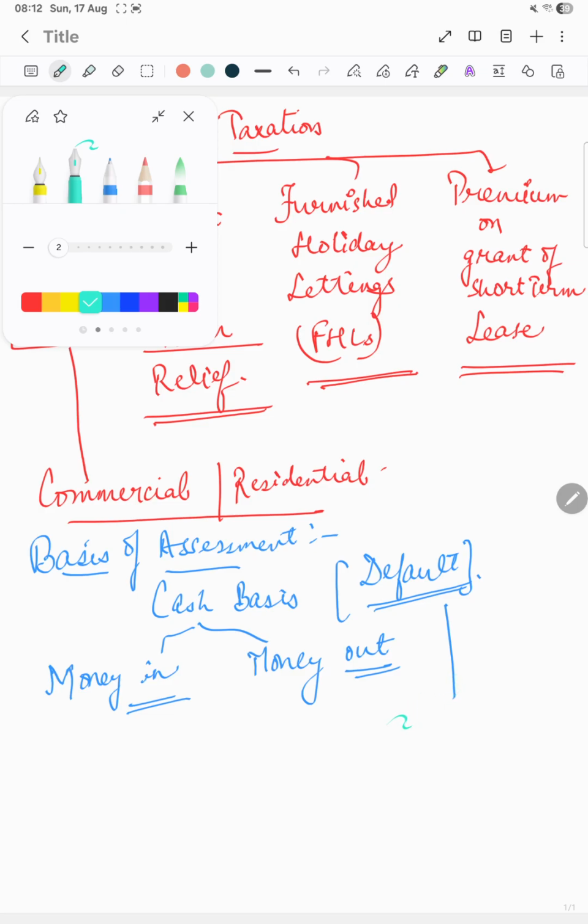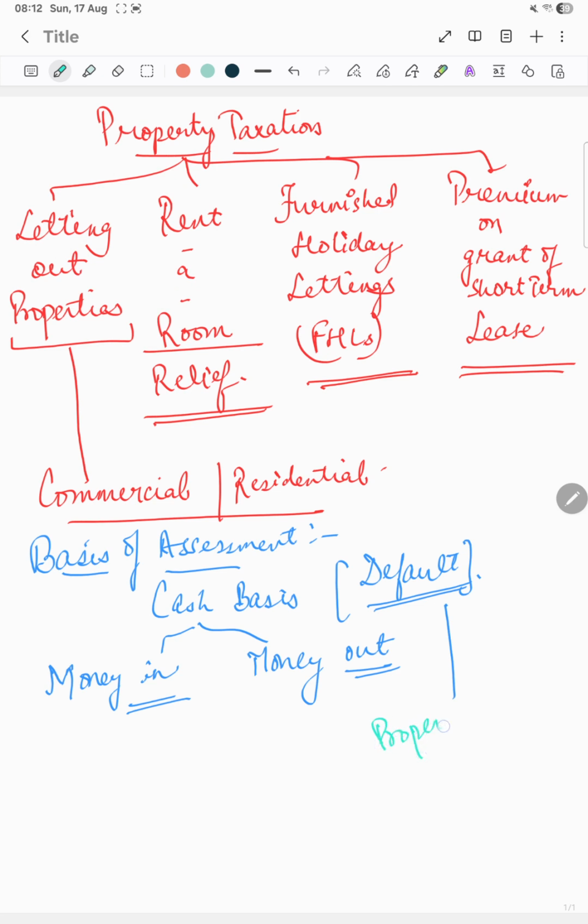What do you mean by richer landlords? The landlords who are earning property income of more than £150,000, so they will be following accrual basis to calculate their property income, right?